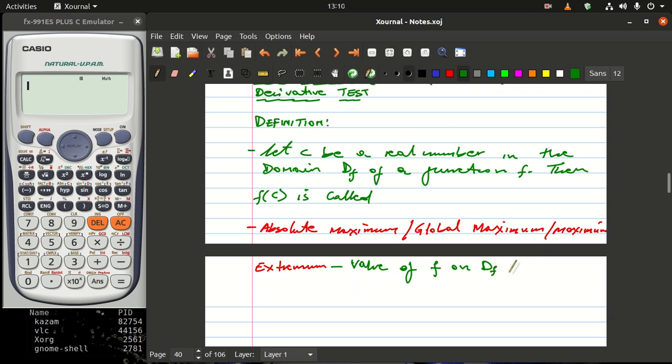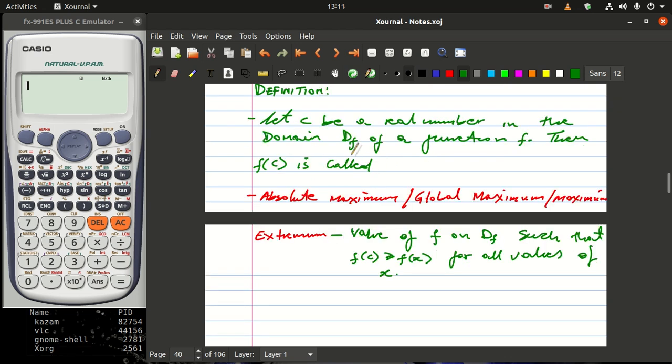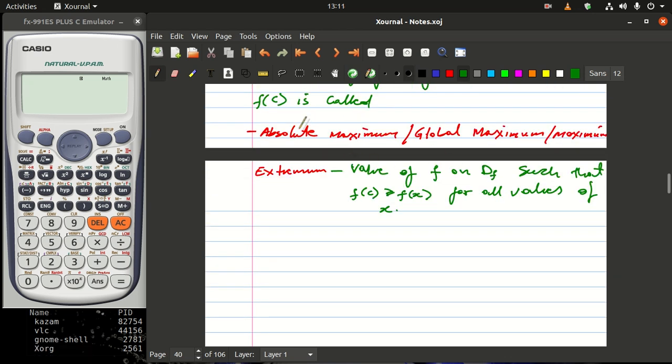It is a value of f, such that if I take that value C, this value is always going to be greater than f of x for all values of x.